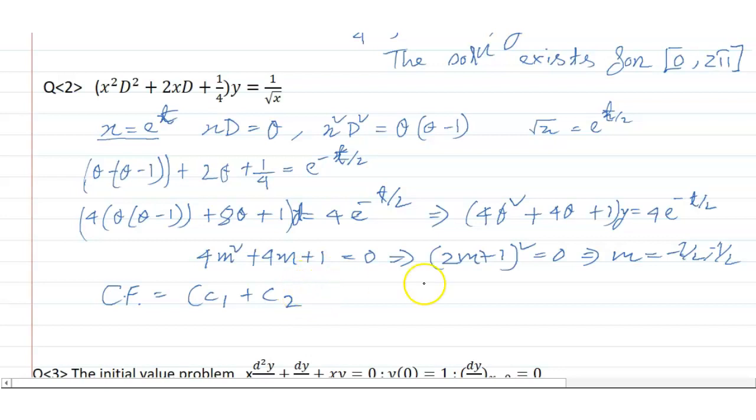Here you will see multiple roots, and that's why I can write it this way.